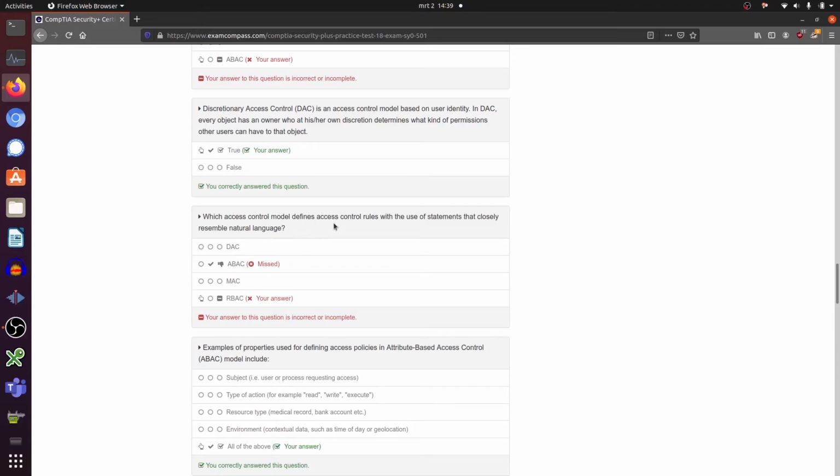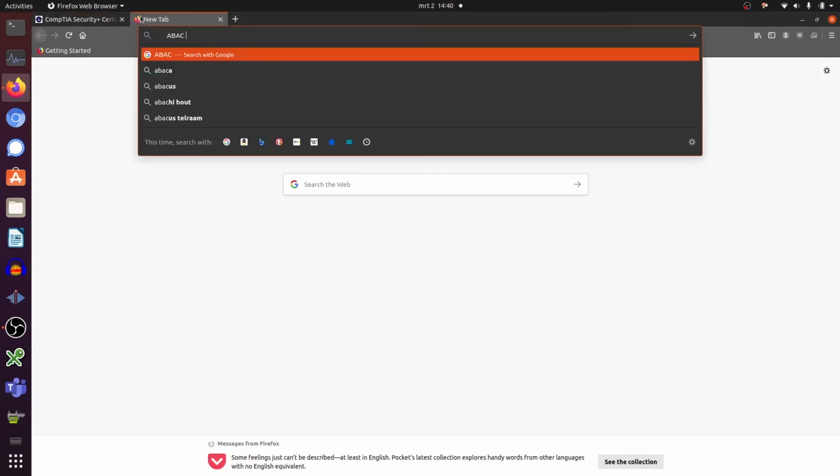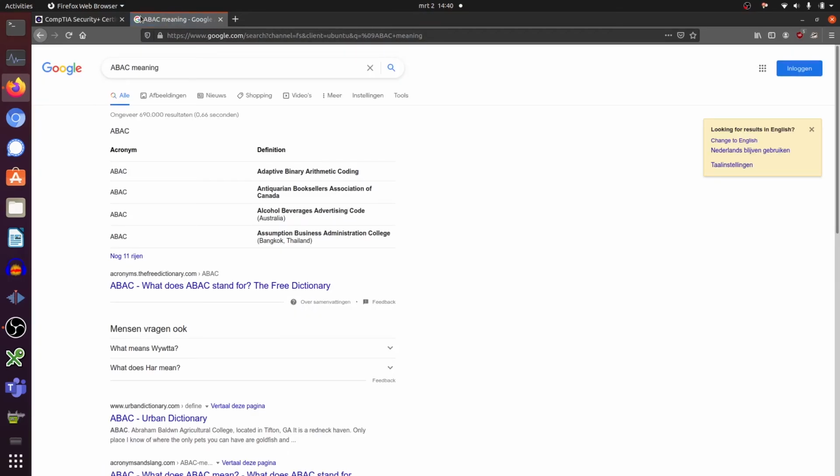Which access control model defines access control rules with the use of statements that closely resemble natural language? ABAC, not RBAC. Okay, this is rule-based access control, and this is... Now I need to know what this stands for. Just a second. Oh, it means alcohol beverages advertisement code. No, adaptive binary.